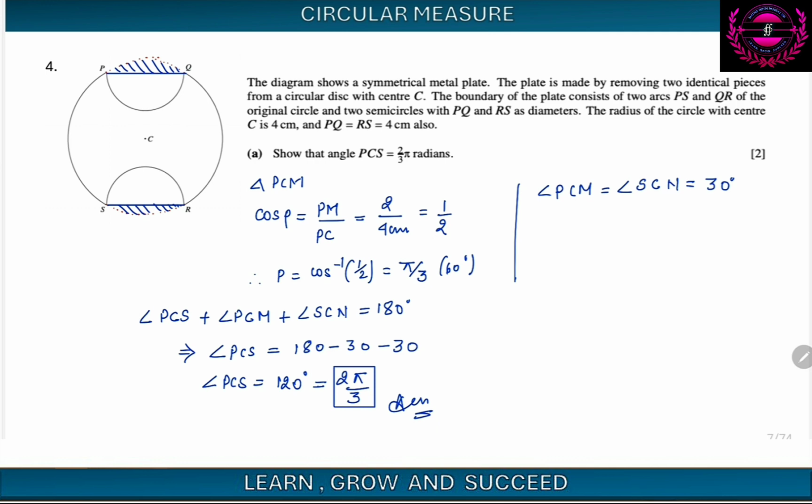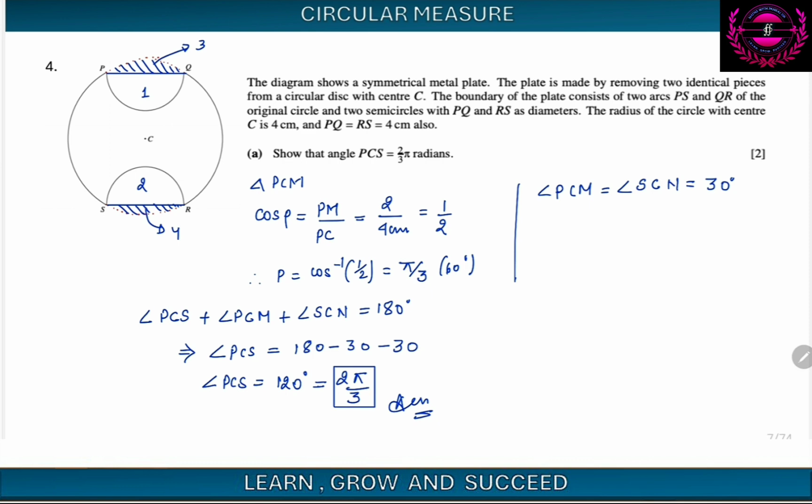If somehow I can find the area of the larger circle, the area of this semicircle, the area of this smaller semicircle, and the area of these segments, for example this is 3 and this is 4, then if I subtract region 1, 2, 3 and 4 from the area of the larger circle, I get the area of the metal plate.